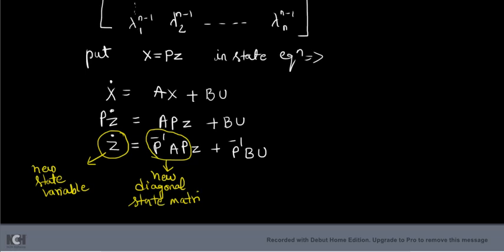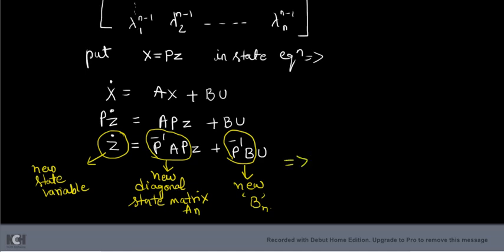Now whatever the previous capital A was, that capital A I have converted into the new diagonal state matrix. Now what is this called? This is called new B, capital B, new B. Okay, so let me call it Bn, and I will call this An.